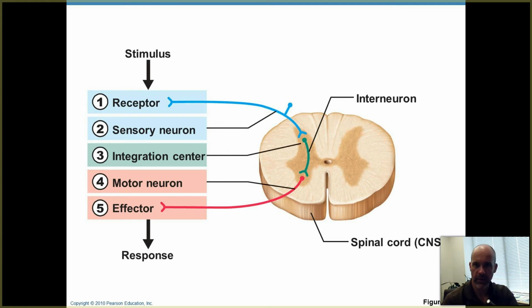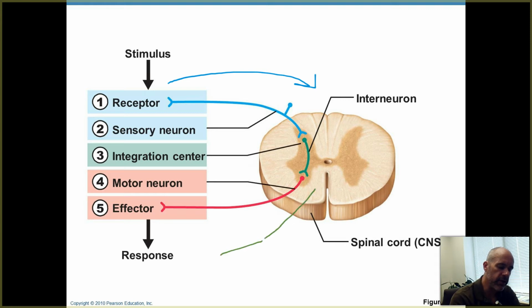Within your nervous system, you have sensory neurons, incoming information from out in the periphery. And then you've got outgoing information from the central nervous system out to muscles, glands, internal organs, whatever it may be.